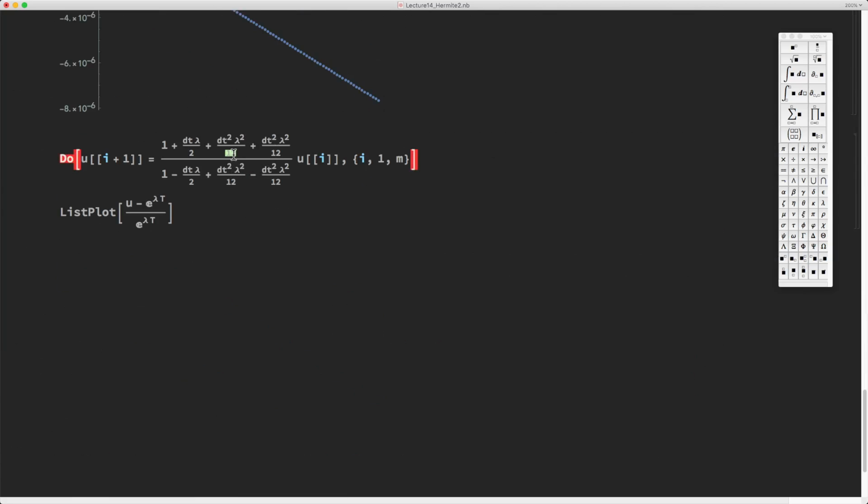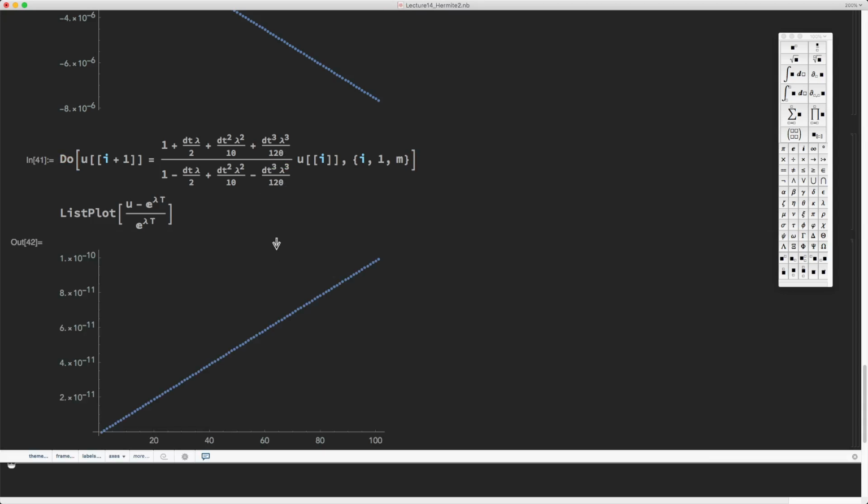This will become 10, 10, and this will become 120, and these will become cubes. So let's try this, and now the accuracy improves even further. We have around 10 digits of accuracy.